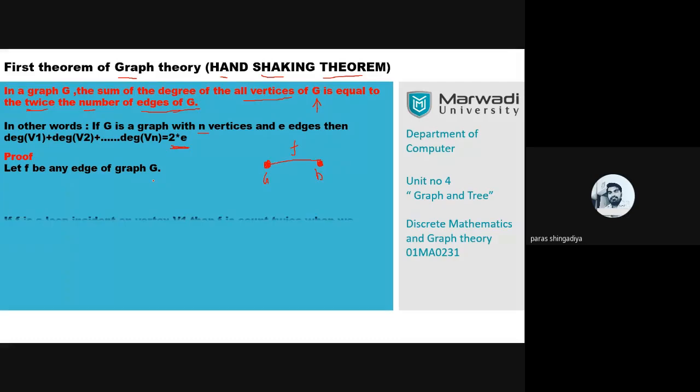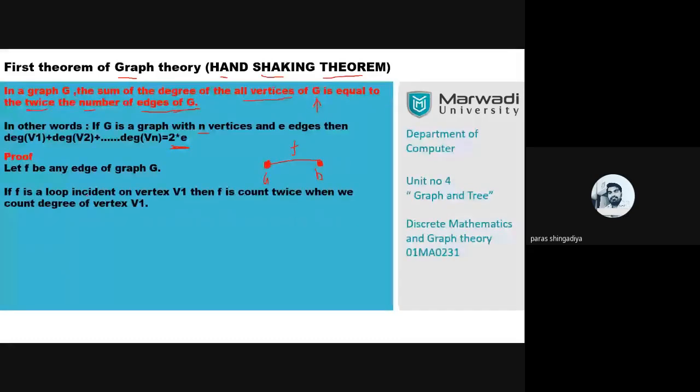Now suppose f is a loop at the vertex A. Right now it is one edge in this shape, but let us take it as a loop at the vertex A. So what does it mean? If f is a loop incident on the vertex v1, then f is counted twice when we count the degree of vertex v1. So when we count the degree of this vertex, you have to count 2 for this loop. So the degree of this vertex will become 2.